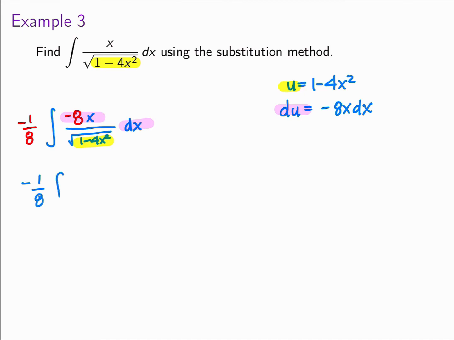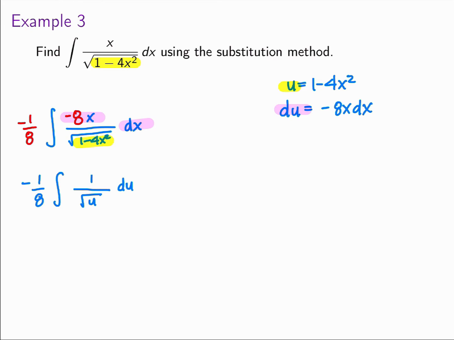Negative 1/8 times the integral. So what's going on? I have the square root of u on the bottom, and then that negative 8x dx is just du, but it might help to think of this as 1 du, because we like that differential part, that du on the outside. It looks a little bit nicer, and then I can see that 1 over square root of u. I'm not quite ready to integrate just like it is.